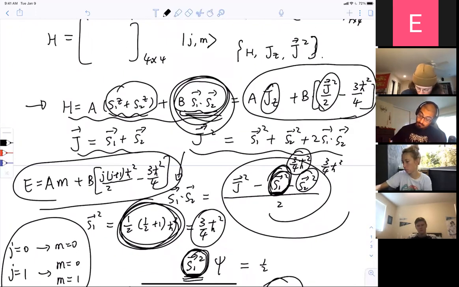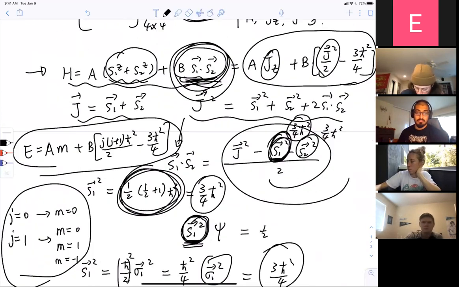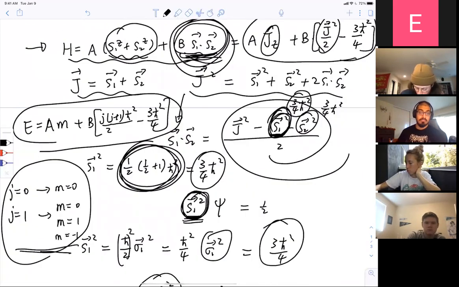Another way is to manipulate these terms and write in a nice form, find the complete set, write down the eigenkets, and then solve it. They are equivalent.